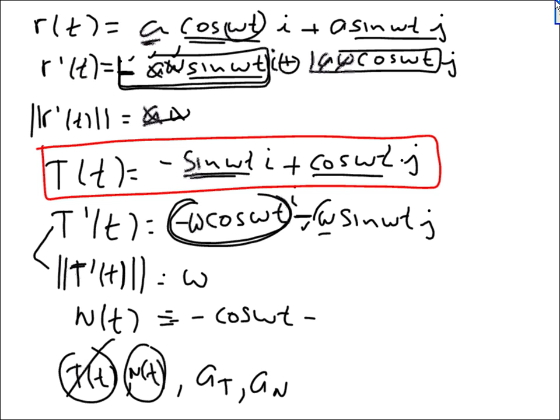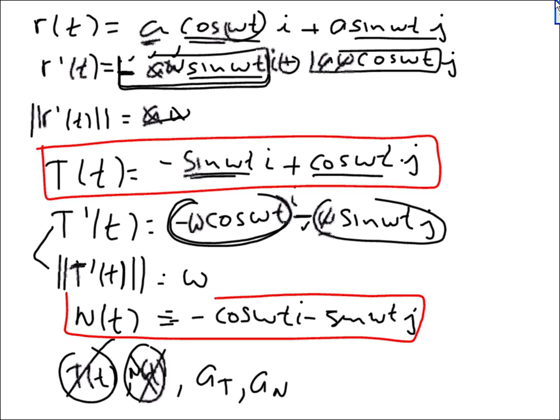Minus, when I divide this by omega, the omega cancels out. Okay, so there's N of t. I found N of t. And I don't want to lose that either. I will, however, erase this up here.